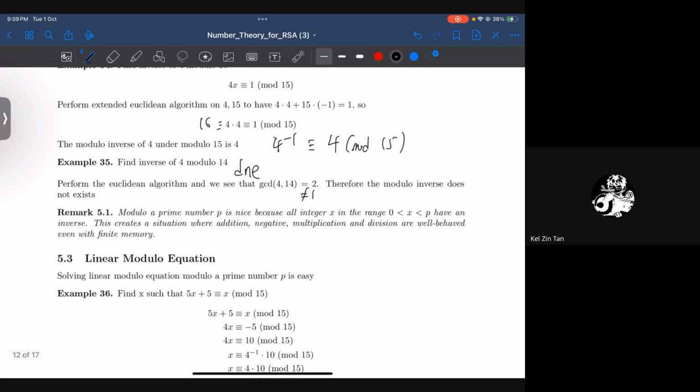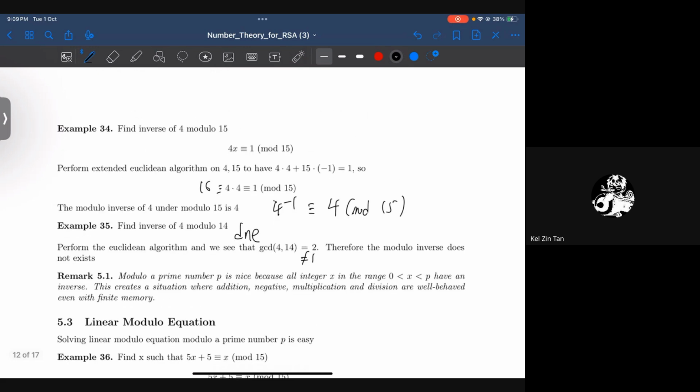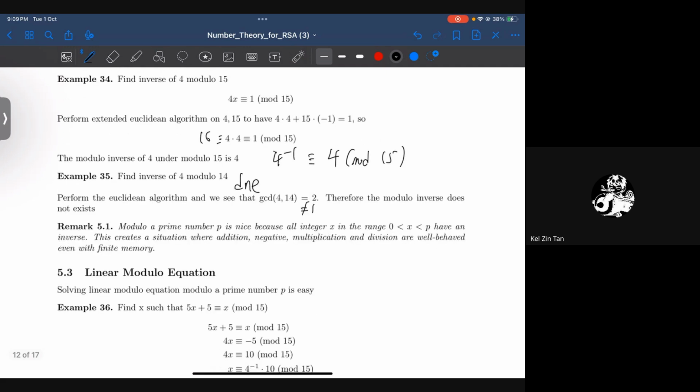Okay. And then a brief remark here. In general, we would want to take the modulo of a prime number p, because all the integers in the range from 1 to p minus 1 will have an inverse modulo p. This is because, by definition of prime, all the numbers inside this range will not divide p.